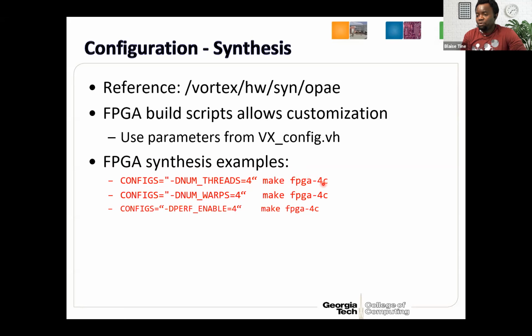On the FPGA side, we explicitly have to specify the core as part of the build token, because it's a little bit more complex; there is much other metadata associated with the specific core for the synthesis. But that's the only thing that is explicit when you are issuing make. Everything else is passed as a configuration. Like, for instance, if you want to enable the performance counters, you can specify it here.